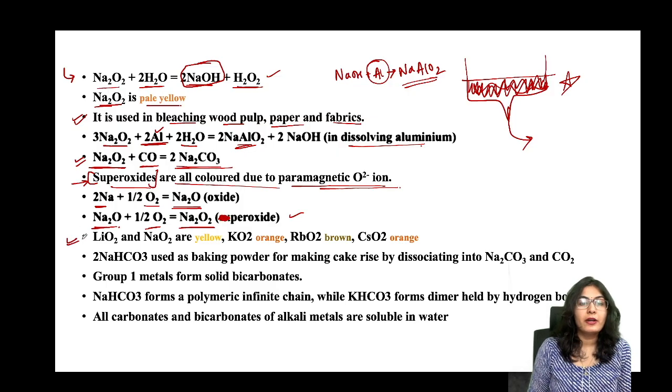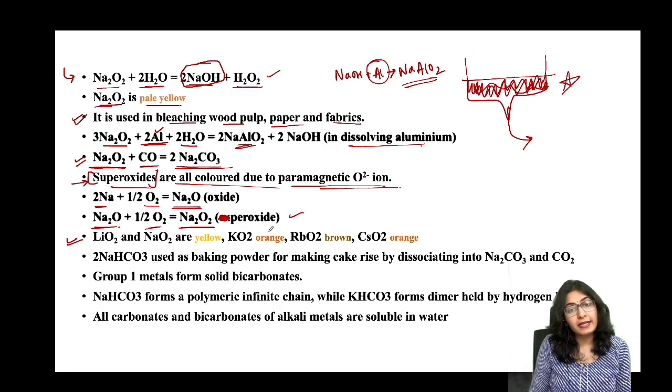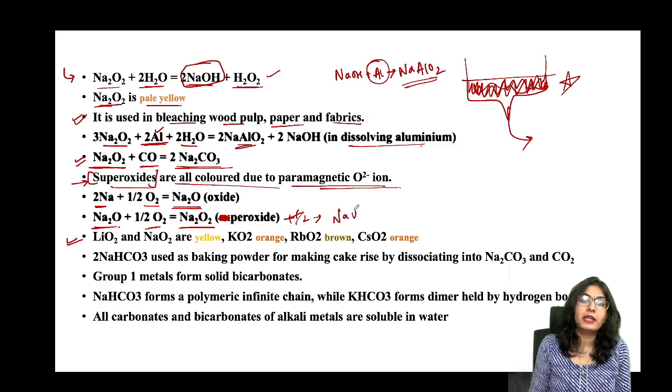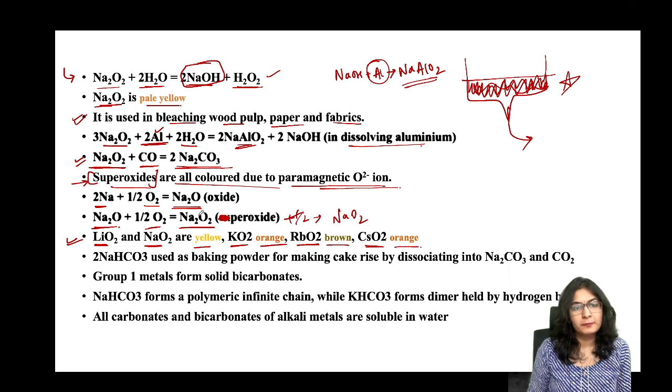Right. Now, when the peroxide reacts again with half of oxygen, it is going to give you NaO2, because the oxygen quantity is more. Right. Now, LiO2, that is lithium superoxide, and sodium superoxide are yellow, while potassium superoxide is orange, rubidium is brown, cesium is orange again. Okay.